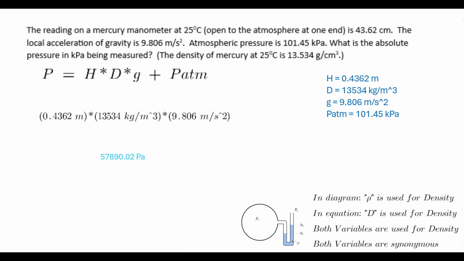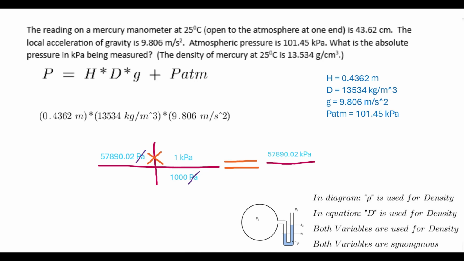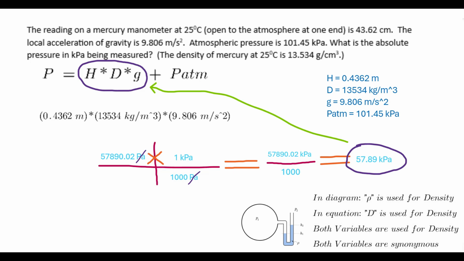Do simple dimensional analysis to change the value from pascals to kilopascals. The derived value is 57.89 kilopascals. This value can be inputted into the first part of the equation.